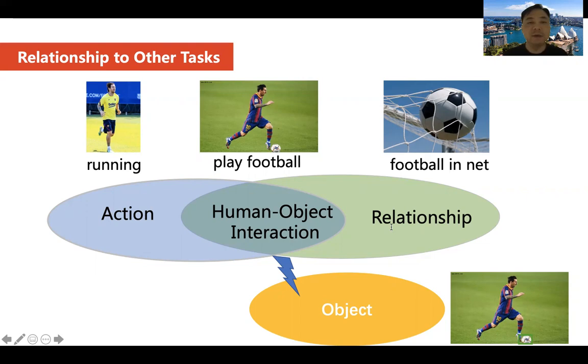HOI can significantly facilitate action recognition because the surrounding objects of the person provide informative context. For example, without the object football, it is difficult to distinguish playing football from running because human poses are very similar. However, with the football, it is easy to distinguish playing football and running.